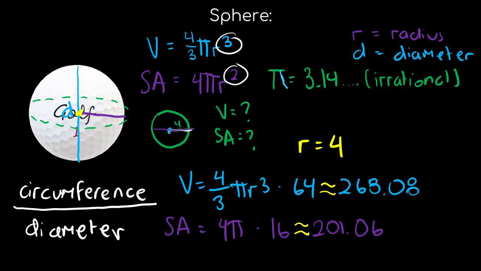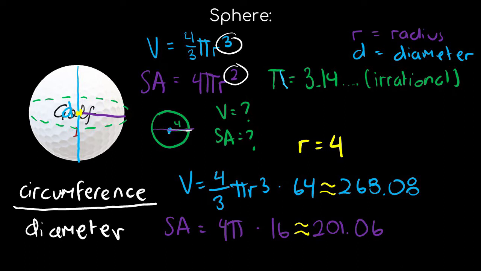What now is a diameter? Let's just draw a circle right here. This is the diameter.